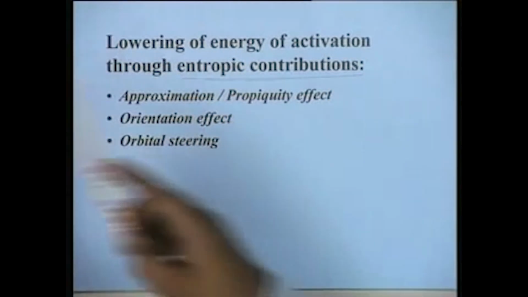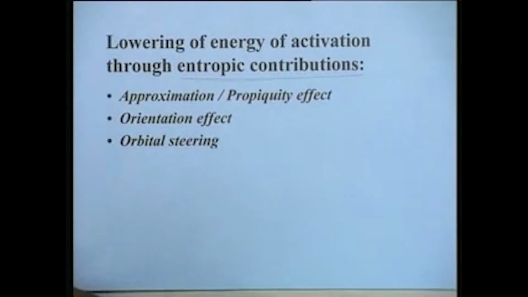Now, just like in the previous class we considered a bimolecular reaction in which A and B participate and form AB star as the transition state. The entropy of these molecules will consist of translational as well as rotational degrees of freedom, 3 translational and 3 rotational for each of the molecules A and B. So, essentially the two molecules will have 6 degrees of freedom each.